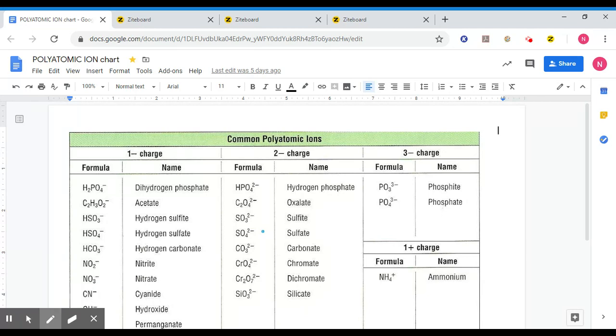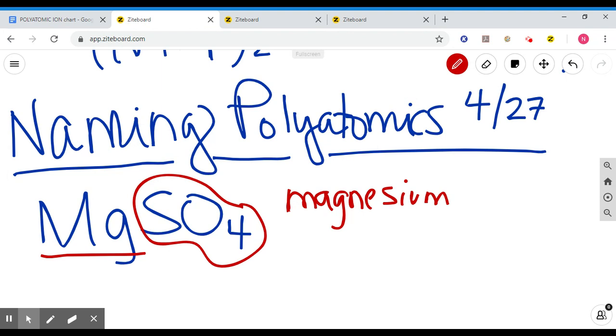Okay, so it's sulfate. So this is magnesium sulfate. Okay, so name the first, circle what's left over, and then you got to name the leftover. Okay. So here's another example.